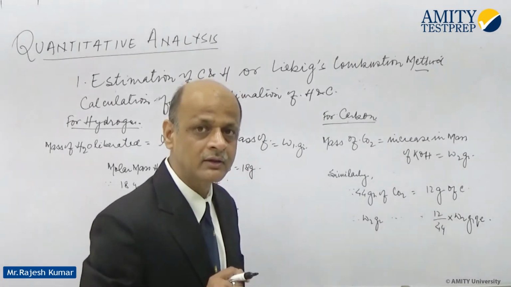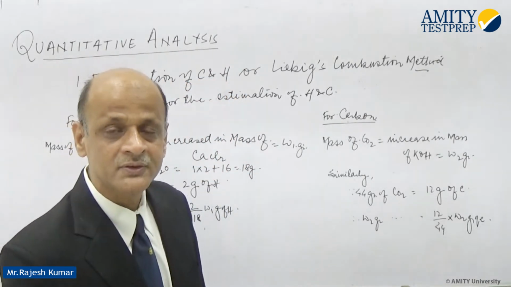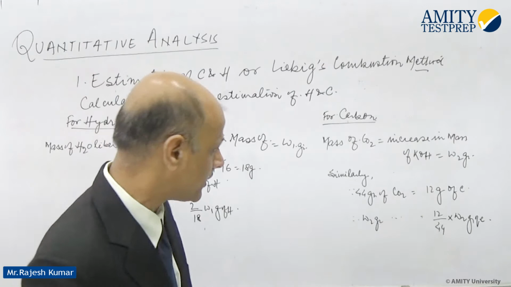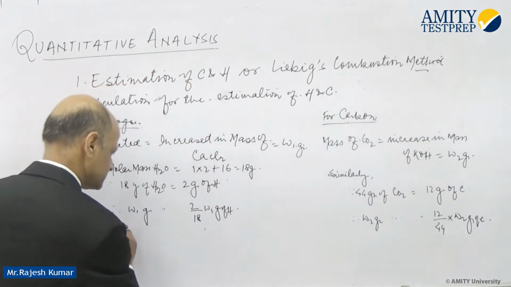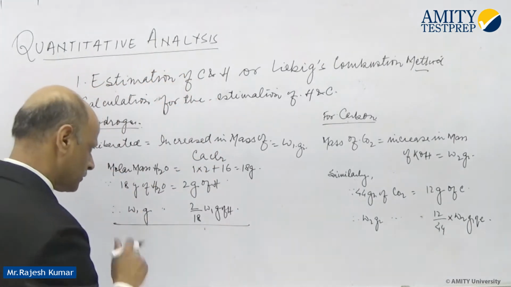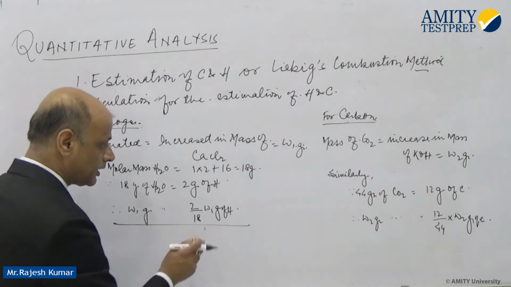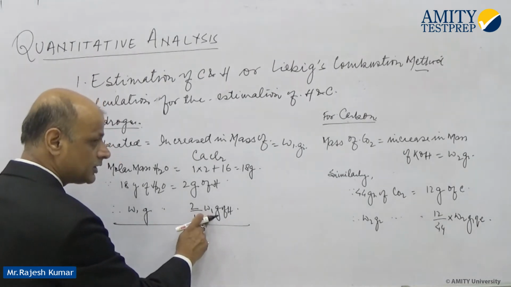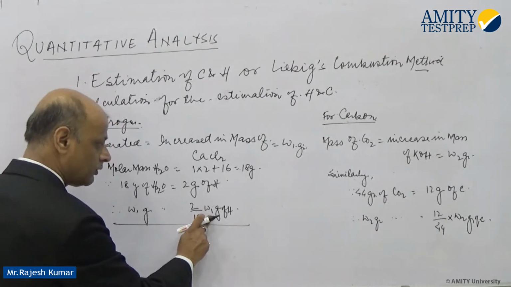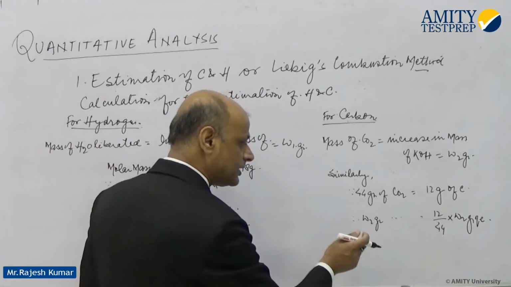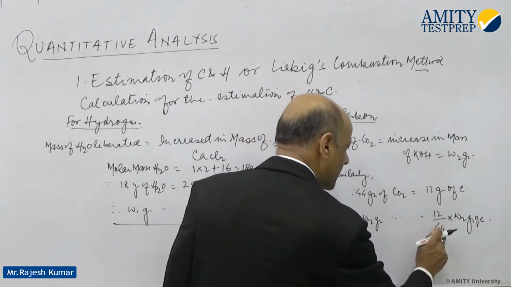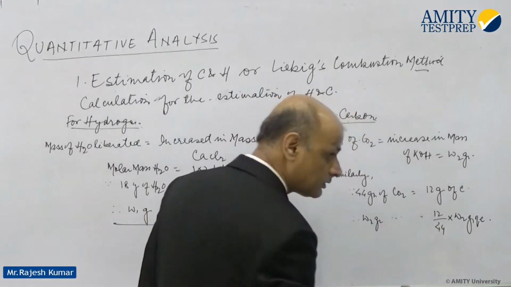Now we have to determine what percentage of carbon and hydrogen is in the given sample. In the given sample, the amount of hydrogen is 2 by 18 into W1 gram, and the amount of carbon is 12 by 44 into W2 gram.